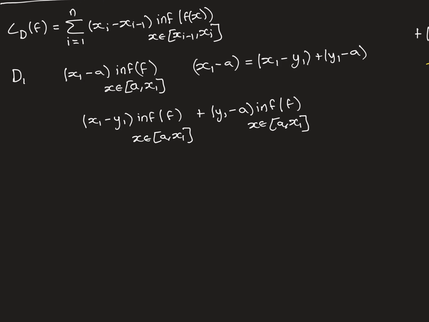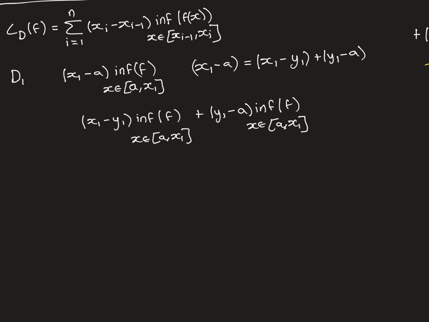But if you now consider comparing the infimum of the function f over the interval a to y1 and the infimum of f over the interval y1 to x1, these things are related to this.